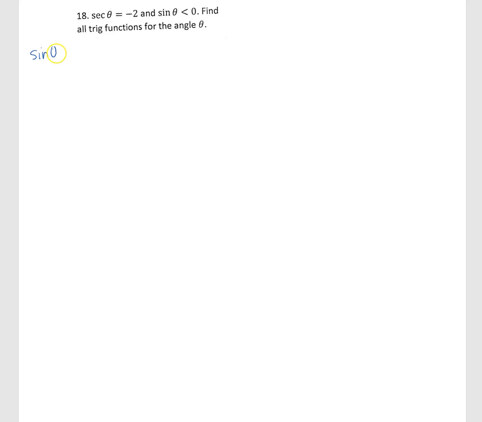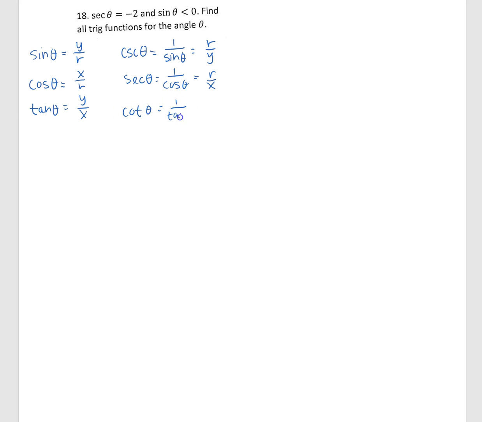So sine theta equals y over r, cos theta equals x over r, tan theta equals y over x, cosecant theta equals 1 over sine theta, or r over y, secant theta equals 1 over cos theta, or r over x, and cotangent theta equals 1 over tangent theta, or x over y.